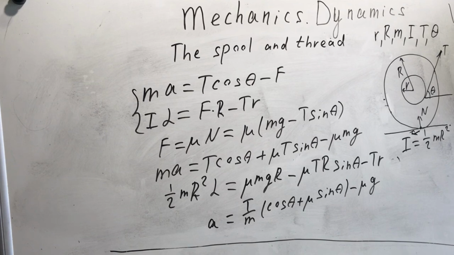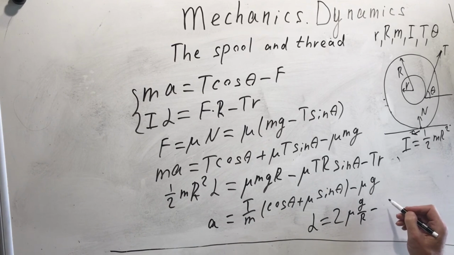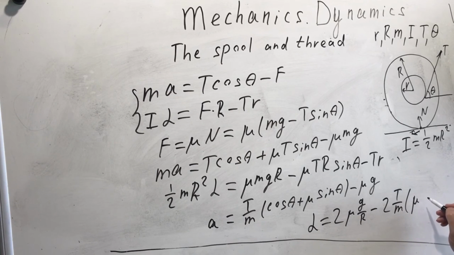So that's the answer for acceleration, and for angular acceleration we have 2 times mu g over R minus 2 times T over m R, mu R sine theta plus small r.